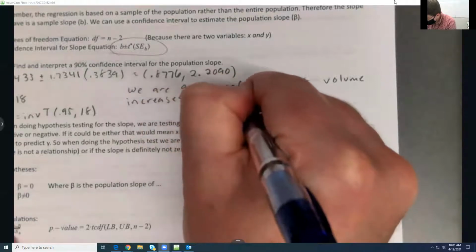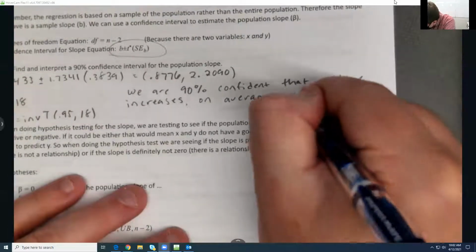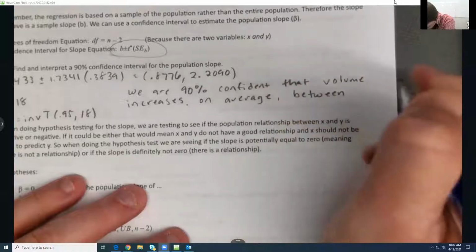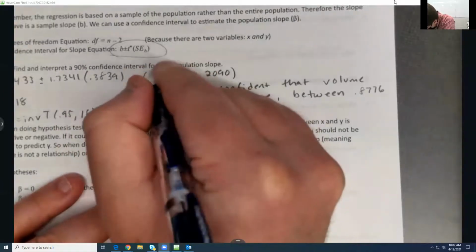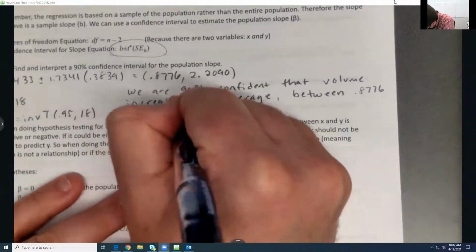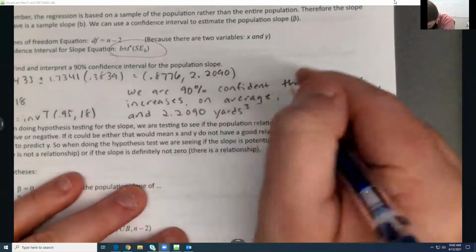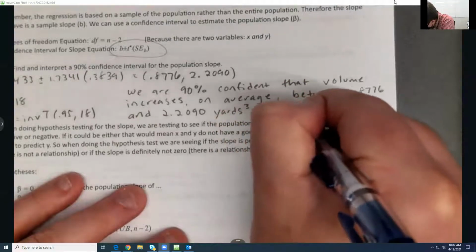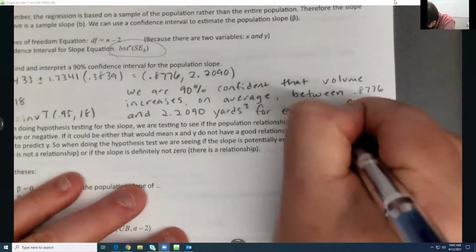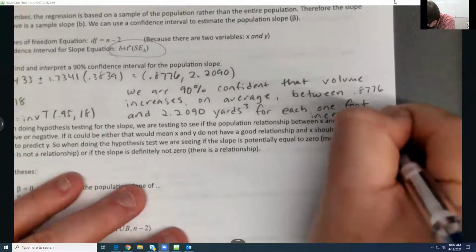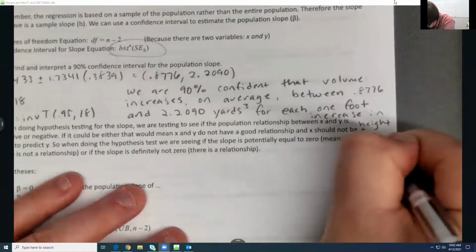On average, and then we can just sum up what we found between 0.8776 and 2.2090 yards cubed for each 1 foot increase in height for trees.